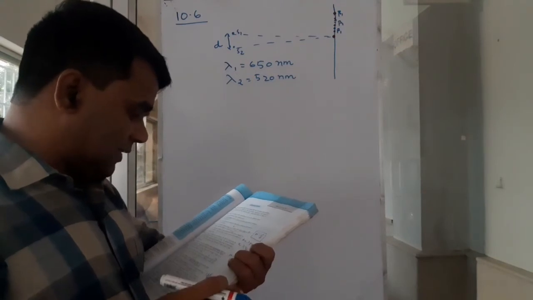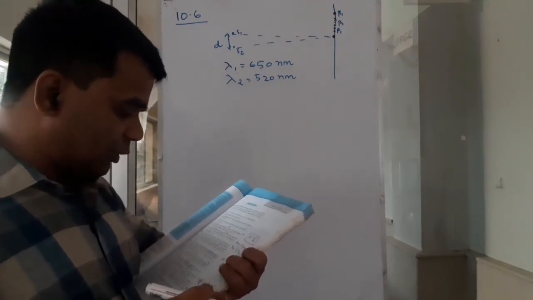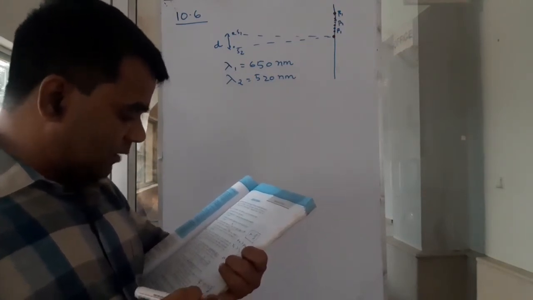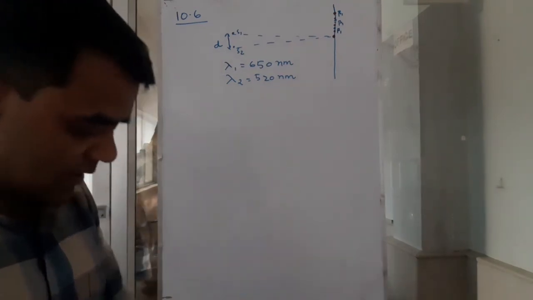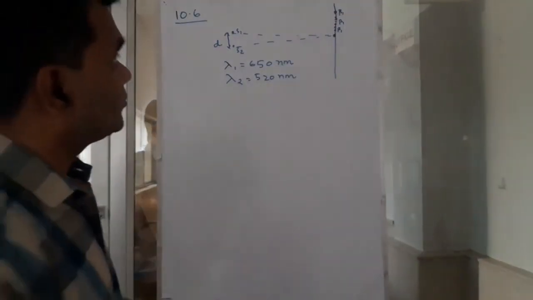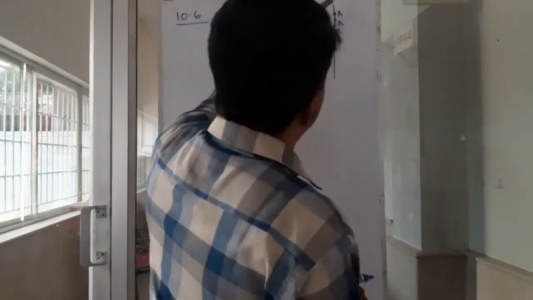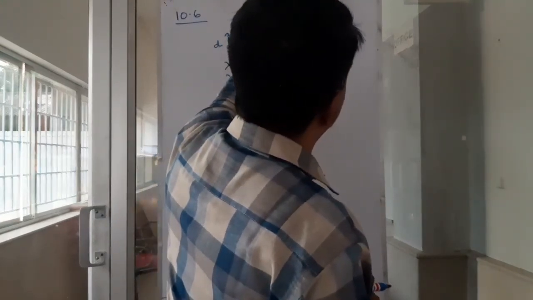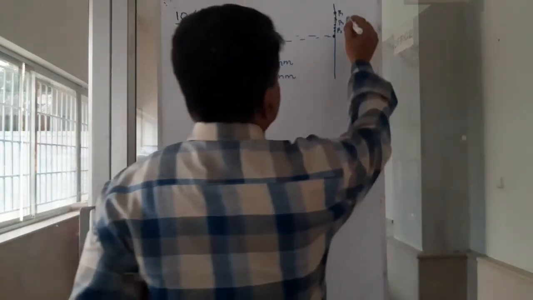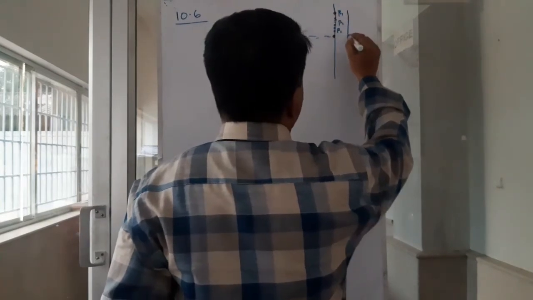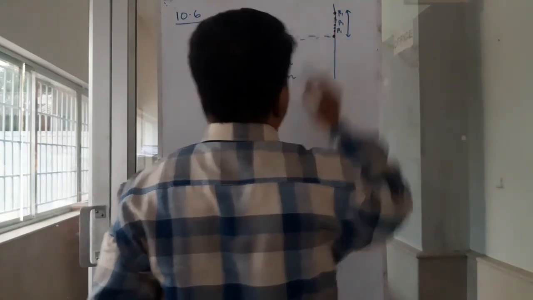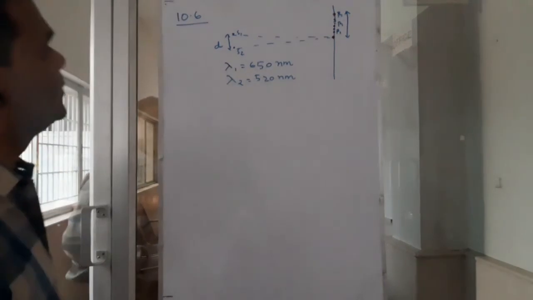Then find the distance of the third bright fringe on the screen from the central maximum for wavelength 650 nanometers. So 1, 2, 3. They first want you to find this distance for 650 nanometers.